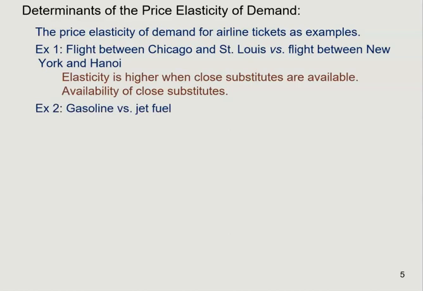Now the second example is, let's compare gasoline versus jet fuel. Jet fuel is used for airplanes. Now pause the video and think about this. This one is relatively straightforward. The price elasticity of demand for gasoline should be less elastic than the demand for jet fuel.